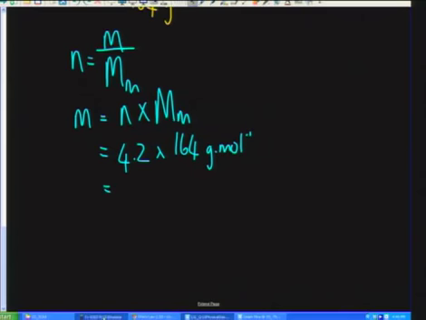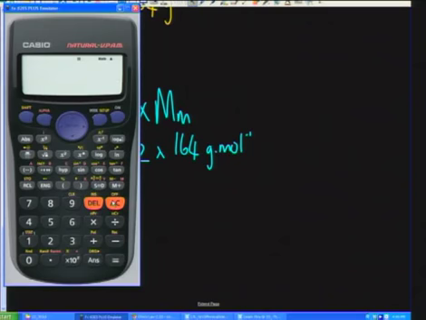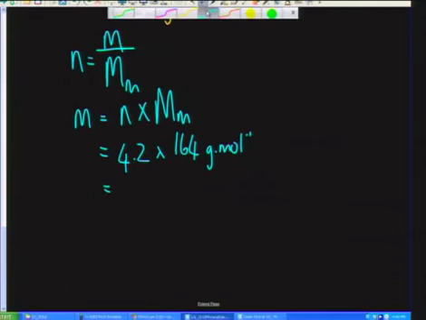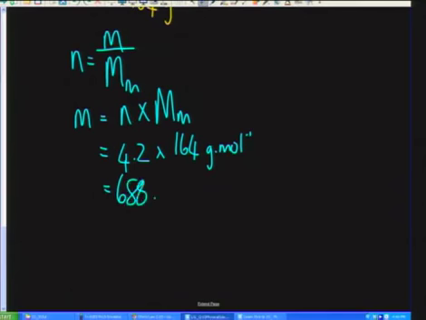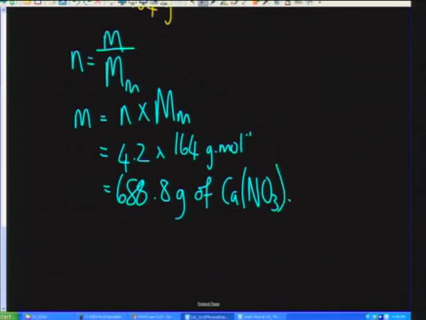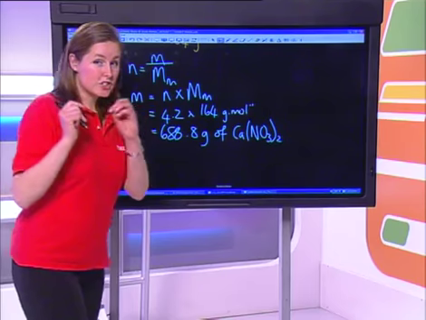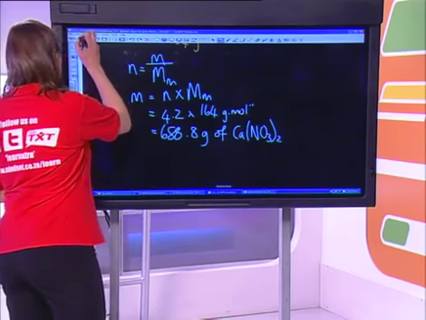So we've got our trusty calculator. 4.2 multiplied by 164 comes out to 688.8 grams. 688.8 grams of calcium nitrate. Okay. That one's now done. Let's try another question, because these can be challenging.